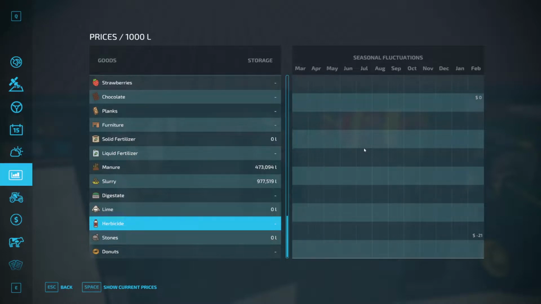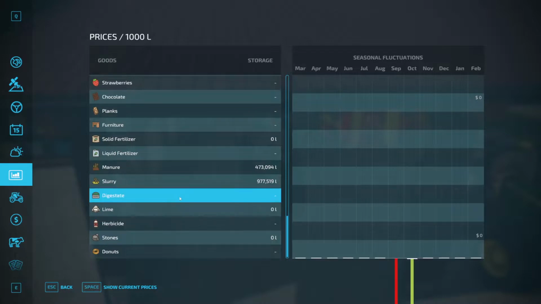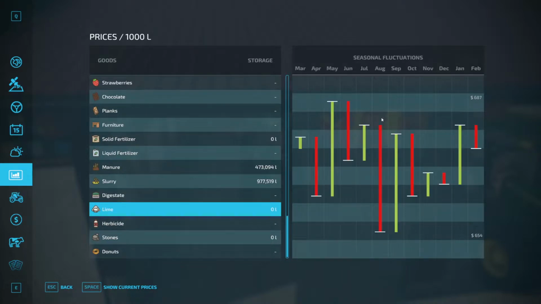And then you would have seasonal fluctuations for herbicide. Ignore digestate, that's probably a bad example, but that's why, because of the multi-fruit buying station, lime has seasonal fluctuations.